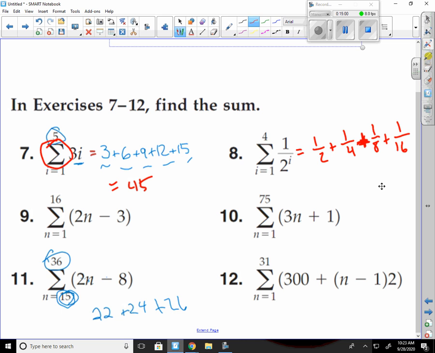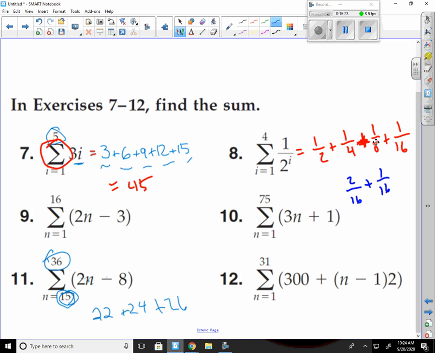I'll show you exactly how I'm doing this here. I start by adding this one. 1/2 is the same as 2/4. Or I could start from the very beginning and make them all 16ths. That's probably the most effective way. So I have 1/16. 8 times 2 gives me 16, so it's going to be 2/16.